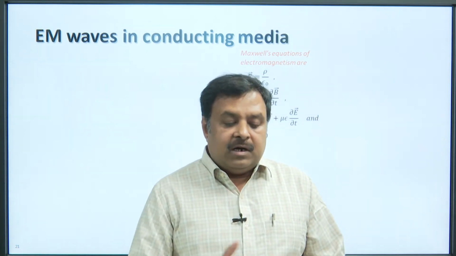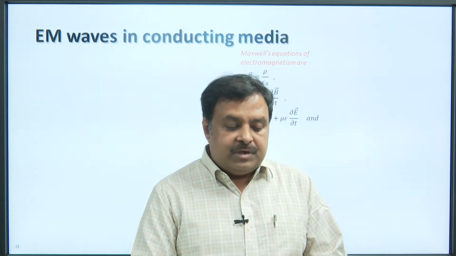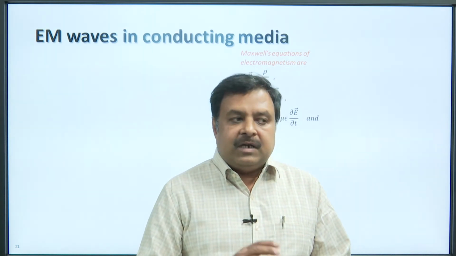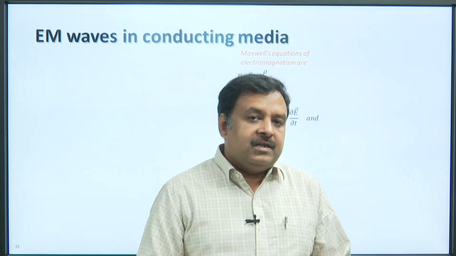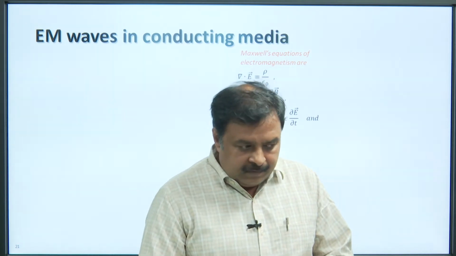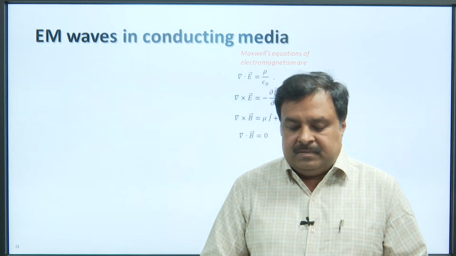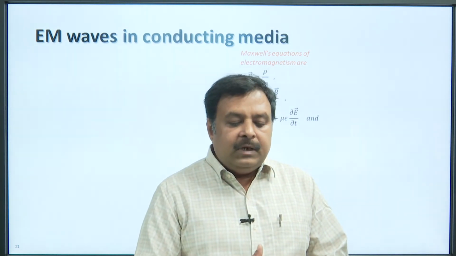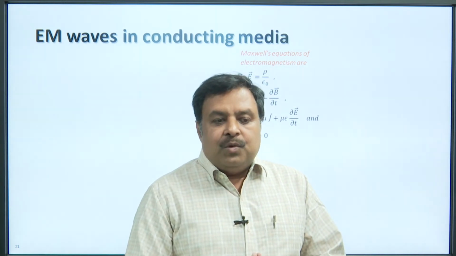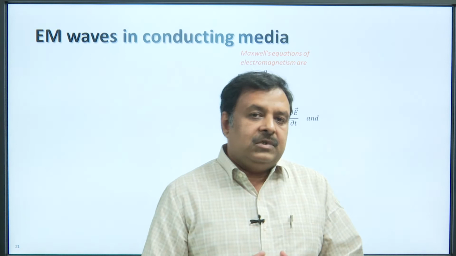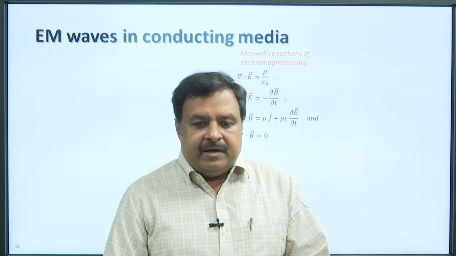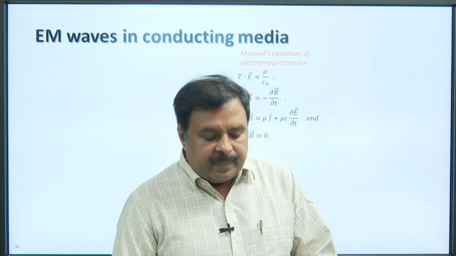In case of non-conducting media, we had substituted charge density rho equal to 0, current density J equal to 0, and B equal to mu H. In case of conducting media, charge density rho is 0, because conducting media has free charges which can move.